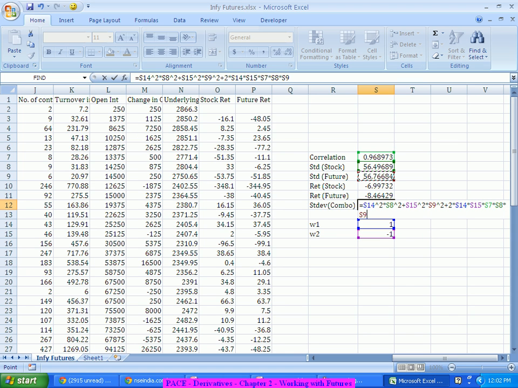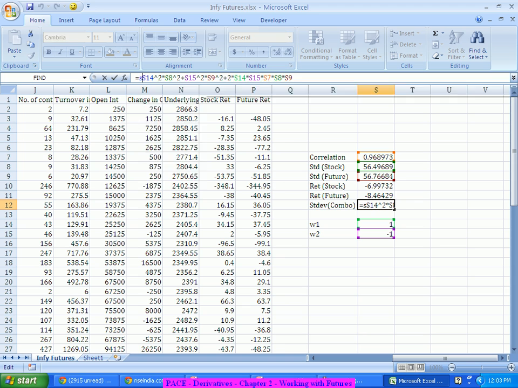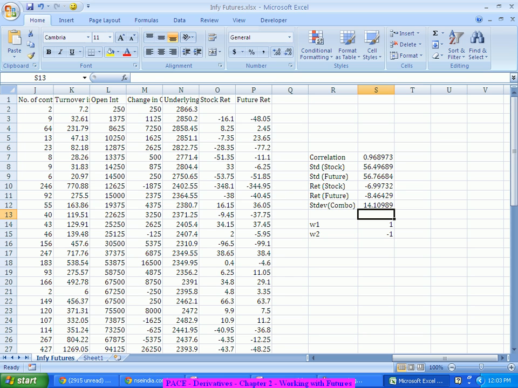This is the value I am calling the combo. On the top of that, I have to put a square root. So this entire thing, I will put a square root on the top of this, which will give me the number as 14. So from 56, the number got drastically reduced.